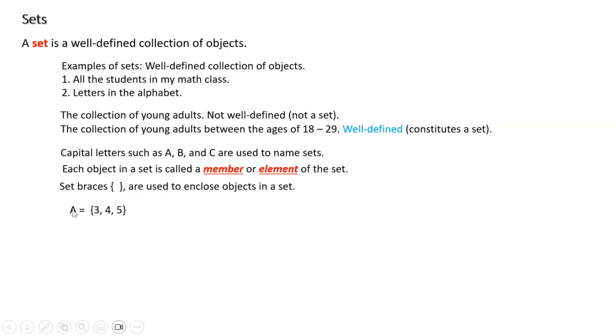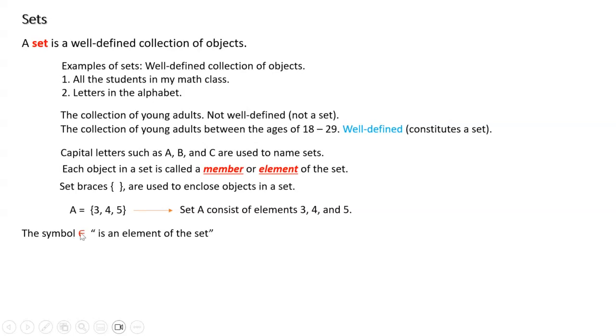Example: capital A means set A equals the elements 3, 4, and 5, or the members 3, 4, and 5. Like we said in the definition, members or elements. You can say members or you can say elements. This is how you read it: set A consists of elements 3, 4, and 5. That's correct vocabulary.